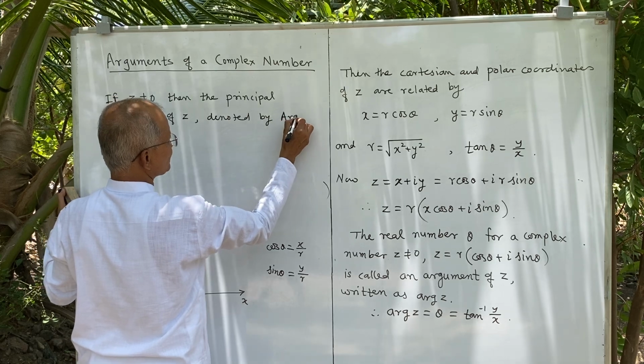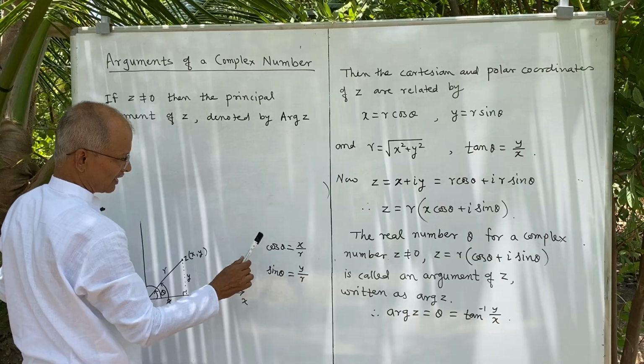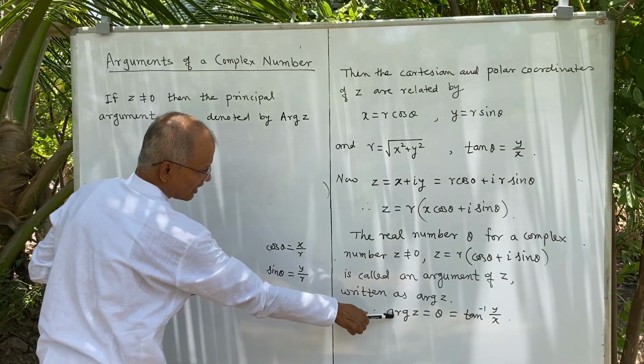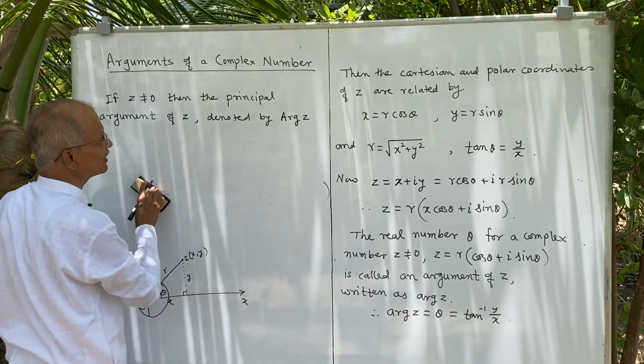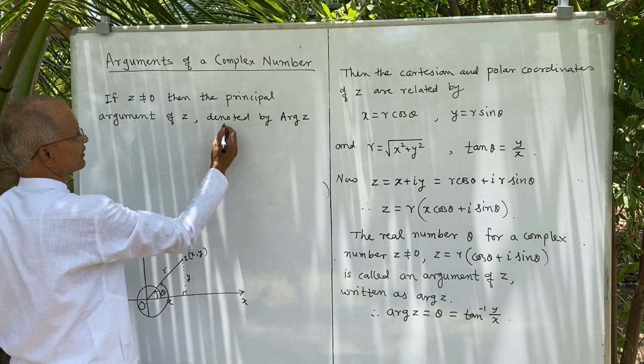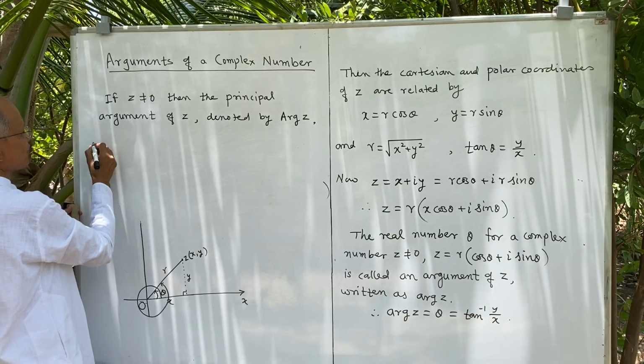capital ARG. The general argument we write as small arg, and it has infinitely many values, but the principal argument has a unique value, denoted by capital ARG of z.